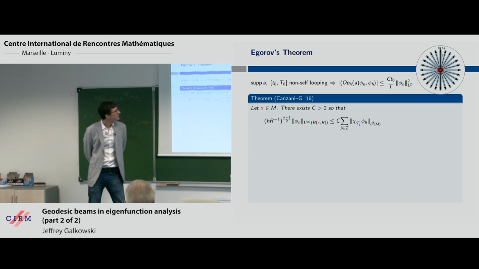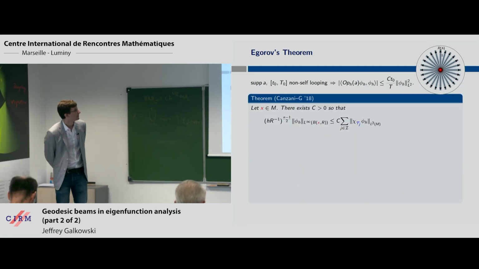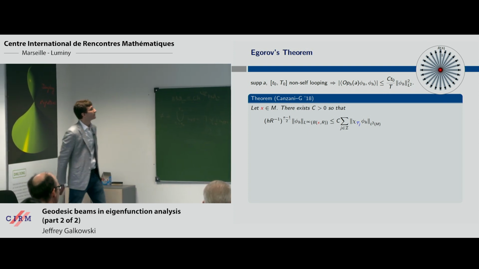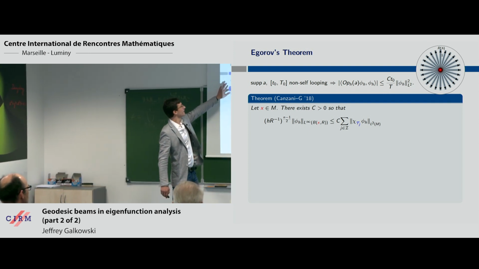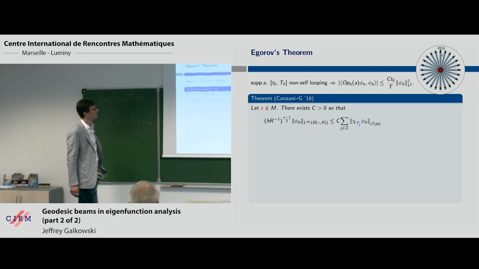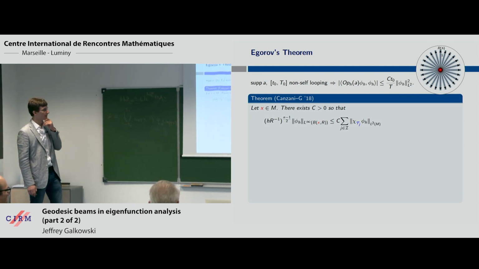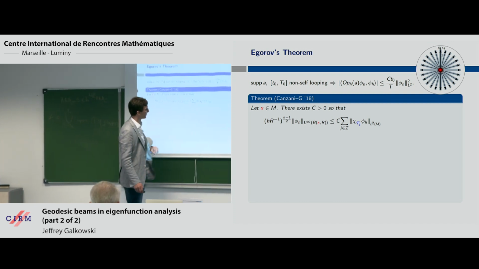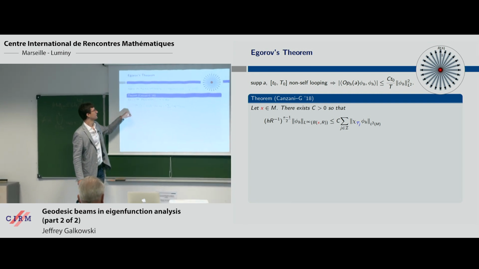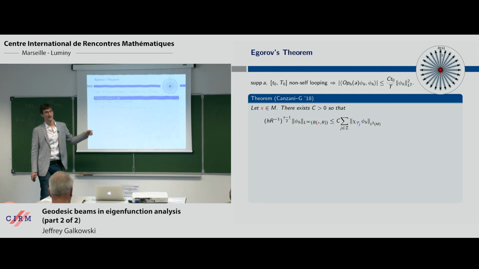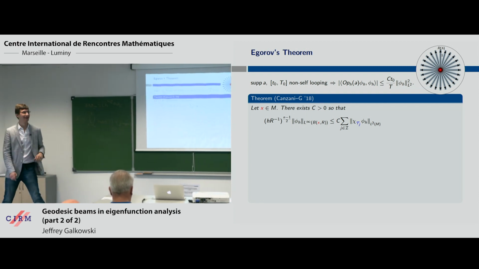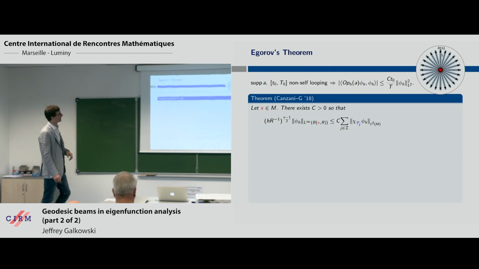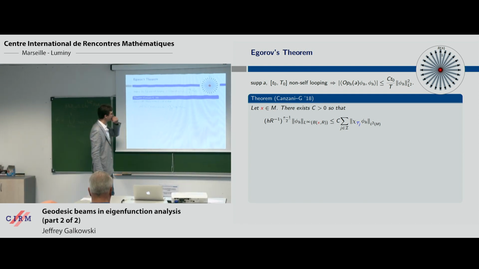And again, it's going to turn out to be relatively simple. Keep in mind that if I have a non-self looping symbol, then I get this estimate on the mass. And so I start with the estimate we had before. I've moved the h to the minus R to the other side because otherwise I ran out of space on the slide, but it's the same.